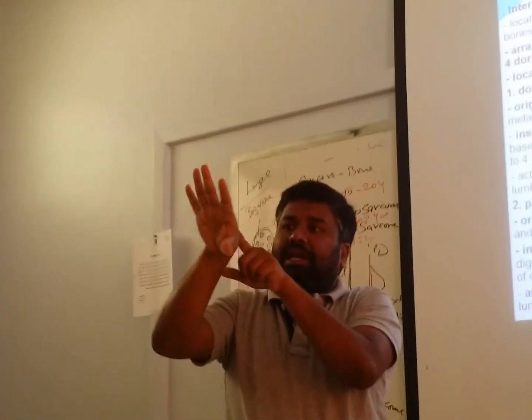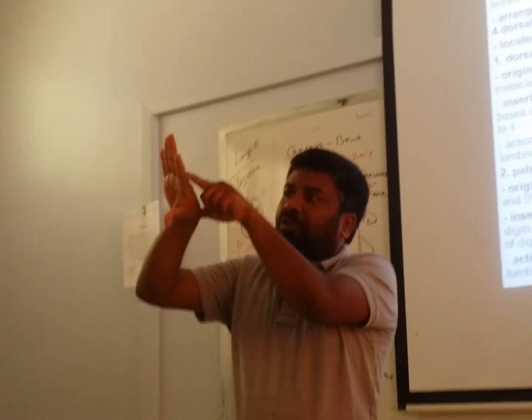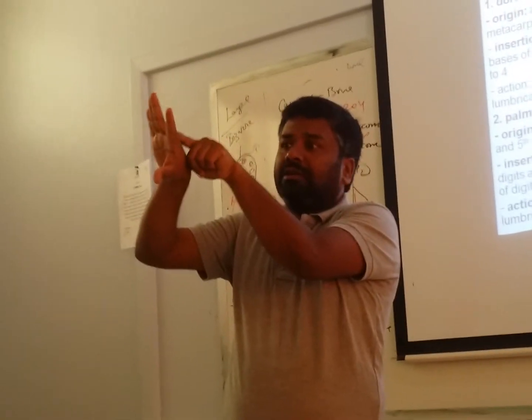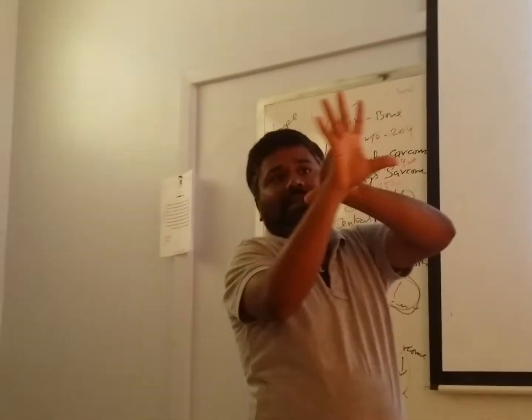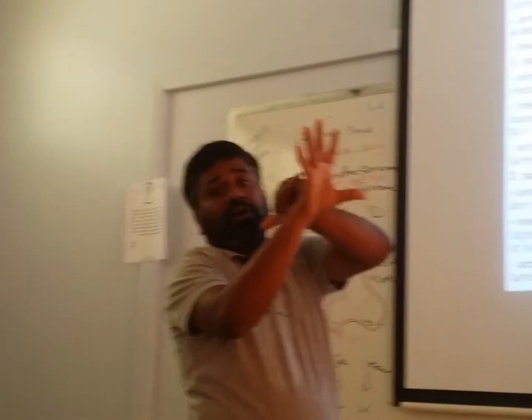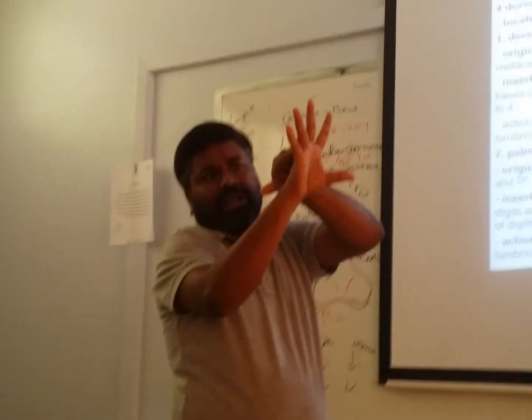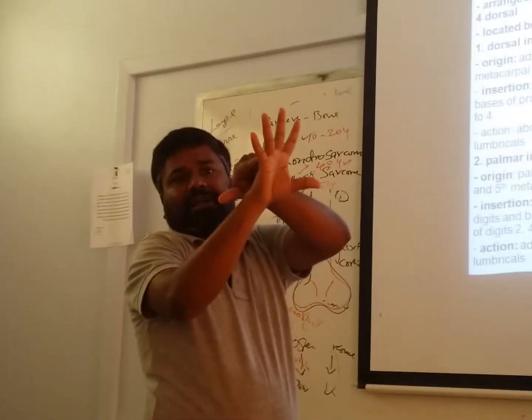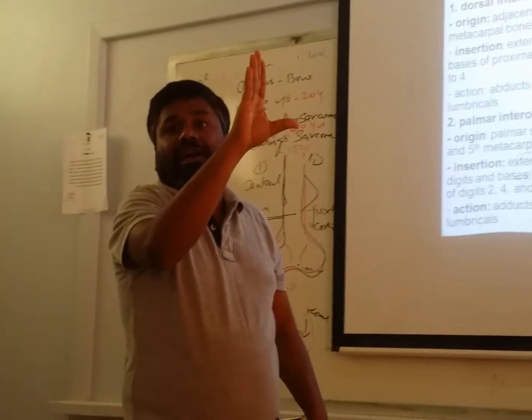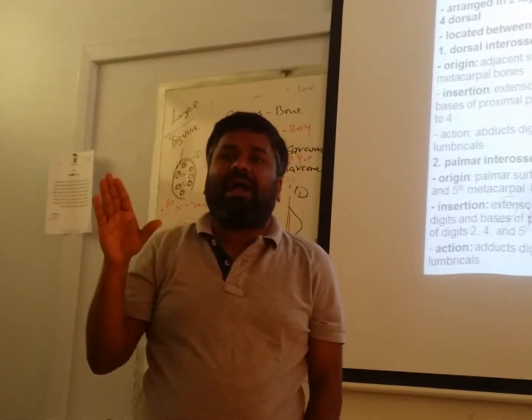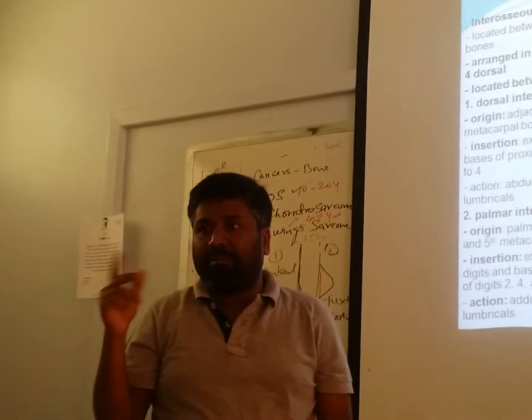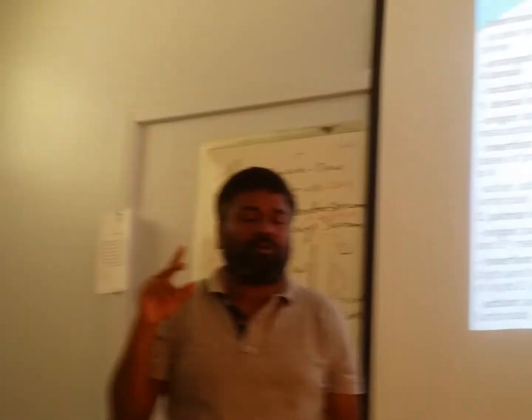First palmar interossei originate from the medial side of the second metacarpal, go to the medial side of the base of the proximal phalanx. Whereas second will go to lateral side. Third also will go to lateral side. That's why they do adduction. You can remember like PAD, P-A-D, mnemonic again to remember the action of palmar interossei.